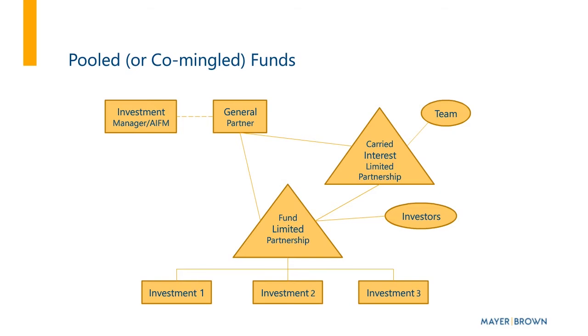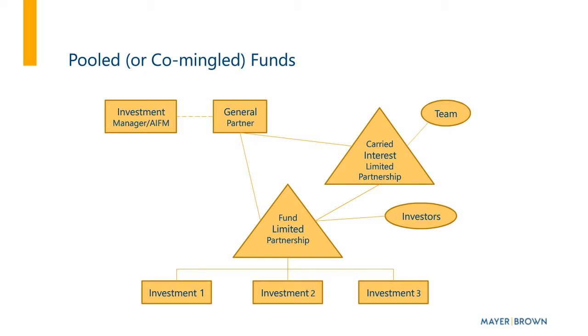On this slide, we have shown a very simplified fund structure chart. As you'll see, the triangle in the lower centre is the fund vehicle itself, in this case a limited partnership. This is the vehicle that will make investments and into which investors will invest as limited partners.